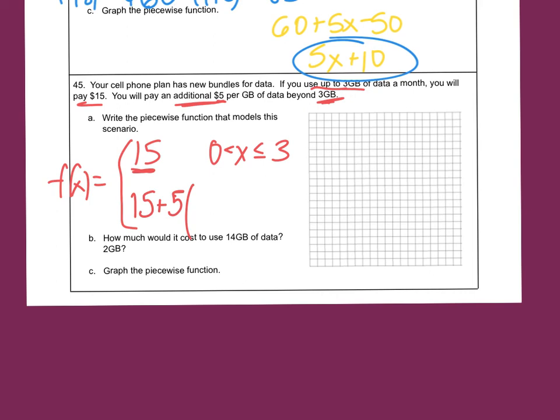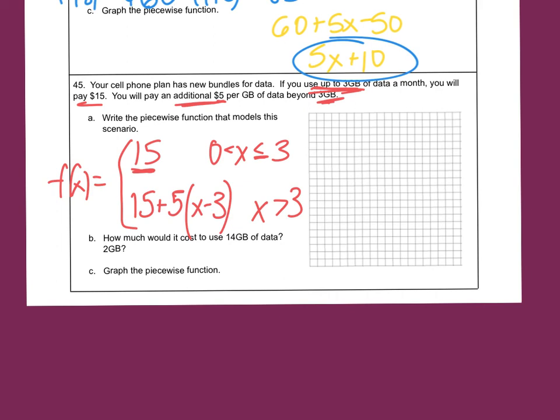Well, kind of like the other one, additional just means more than 3, right? So I need to subtract that 3 out of there, and then that's what I'm multiplying by 5, because that's going to tell me how many additional gigabytes that I use. And this is when x is greater than 3. If it's equal to 3, it's going to be 15, because again it said up to 3. But if it's like 3.1 or 3.2 or anything bigger, it's going to be greater than 3.